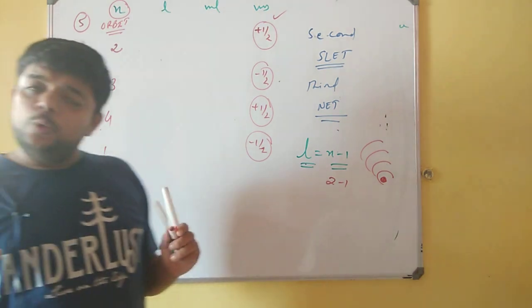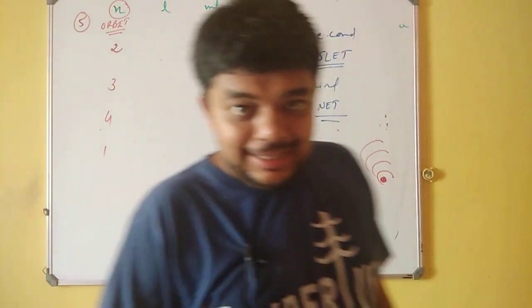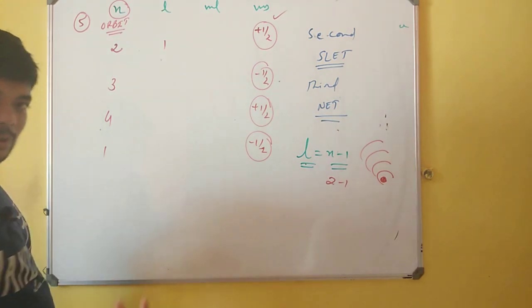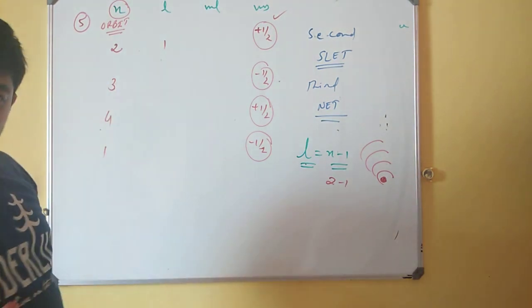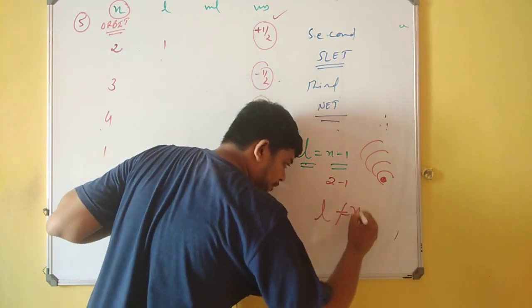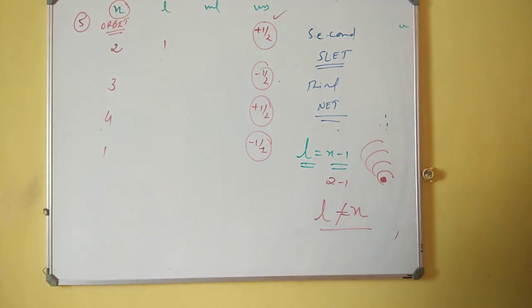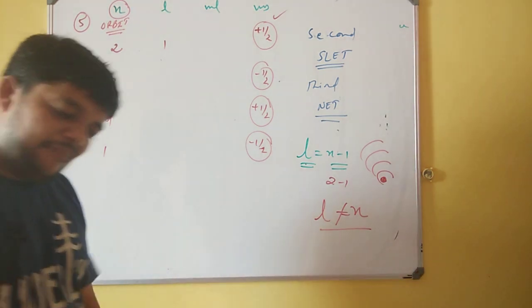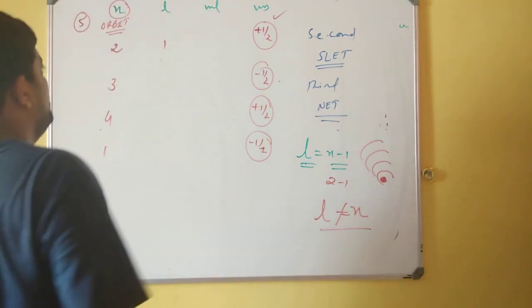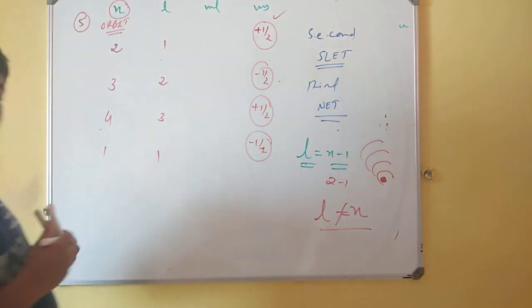If my n is 2, my L cannot be greater than 1. So I am allowed to either put a 0 over here or put a 1. But if I put 2 over here, I am gone. Always remember, L is never equal to n in quantum numbers. So over here 2, over here 3, and over here 1.